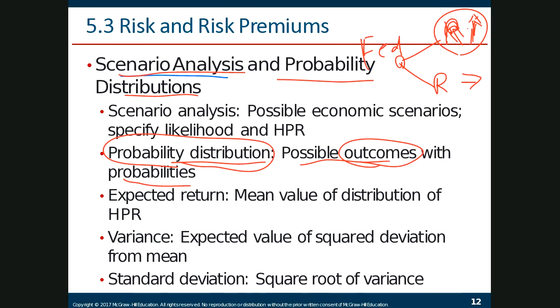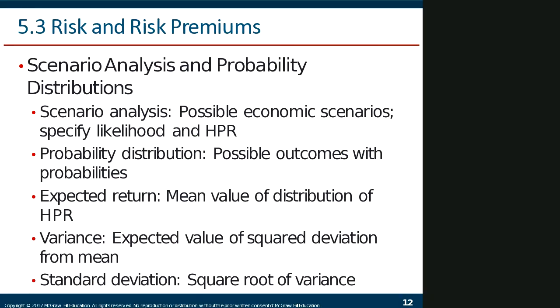Typically in our model, when we are talking about the probability distribution, we think about the possible outcomes as the expected return for each scenario. Okay, so basically, let me share a whiteboard. You typically have scenarios 1, 2, 3.